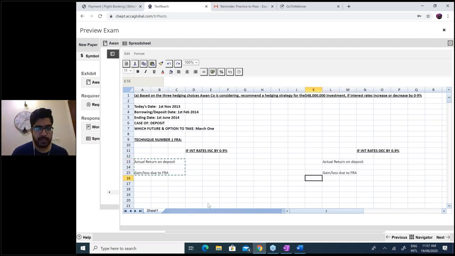Okay, in both of these, if interest rates increase or decrease by 0.9, you take the actual cost of borrowing or actual return on deposit and the gain or loss due to FRA, and you get the net cost. Okay.